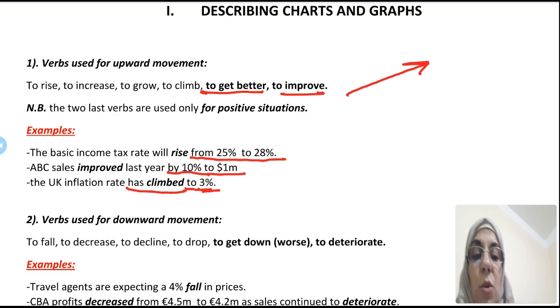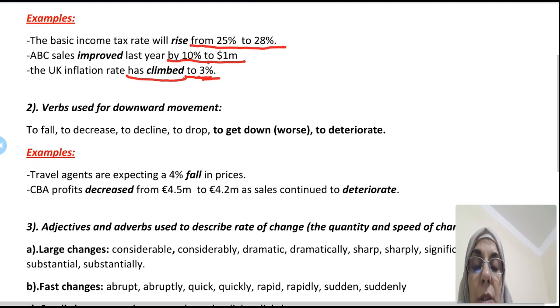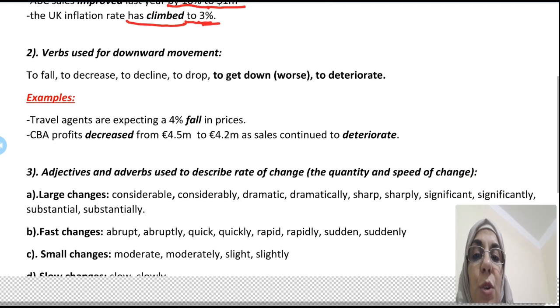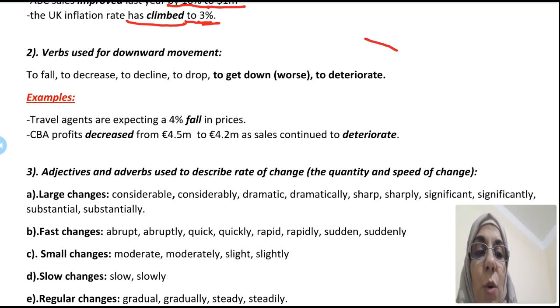Now let's go to the verbs that we may use for downward movement. What do we mean by downward movement? So when we've got a graph or a line in the graph that is descending from the top to the bottom, or from a higher point to a lower point.